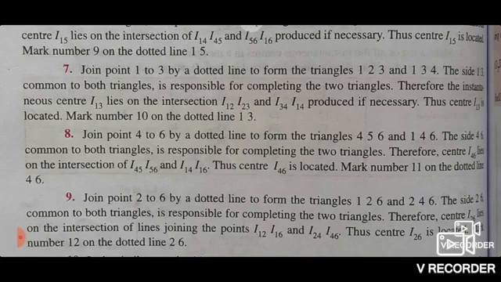We can see by the figure 6.16, what I have shown earlier. Here the center I46 lies on the intersection of I45, I56 and I14, I16. The center I46 is located, mark number 11 on the dotted line 4 6.